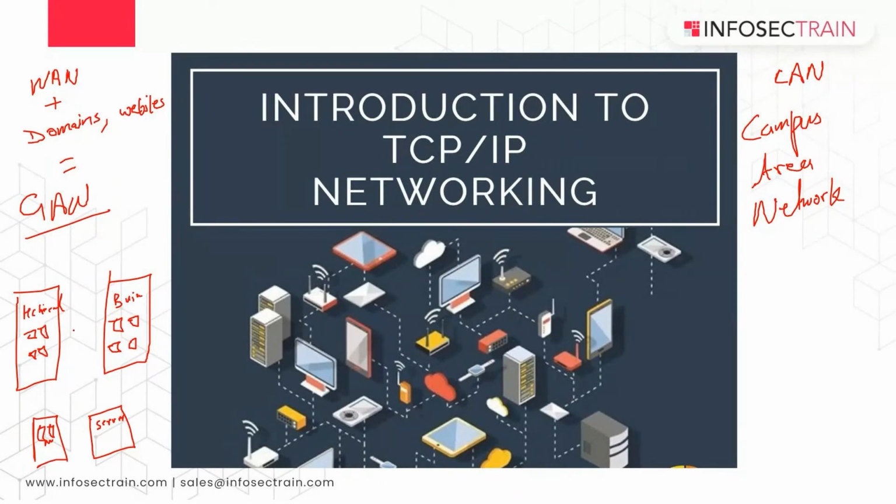So all these buildings and their devices will be connected with the server room where it will be managed, and server room will be allowing them if you can connect, right? So you should be in the same network, right? So this whole network inside a premises is known as campus area network.